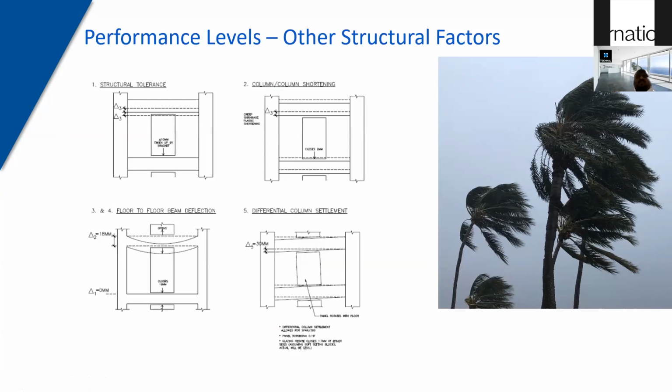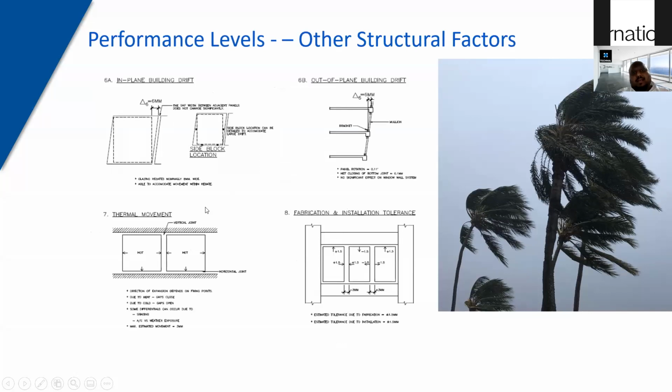So this poses a different, unique challenge for all of us because you have some issues to take care of. We have to consider structural tolerances, column shortening, floor-to-floor beam deflection, differential column settlement, in-plane building drift, which is important to consider when you're designing the curtain walling. Out-of-plane building drift, especially if you have an inclined facade, it is important to have the tolerances considered.